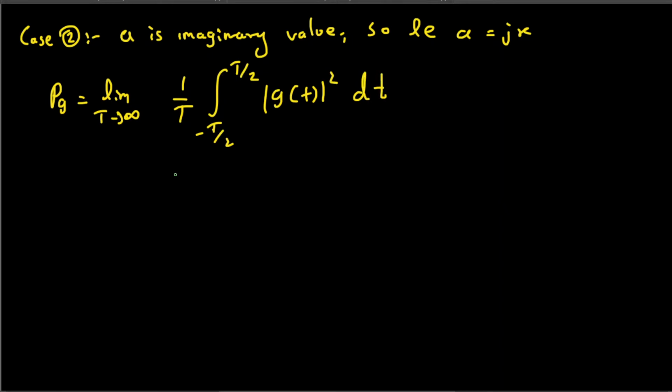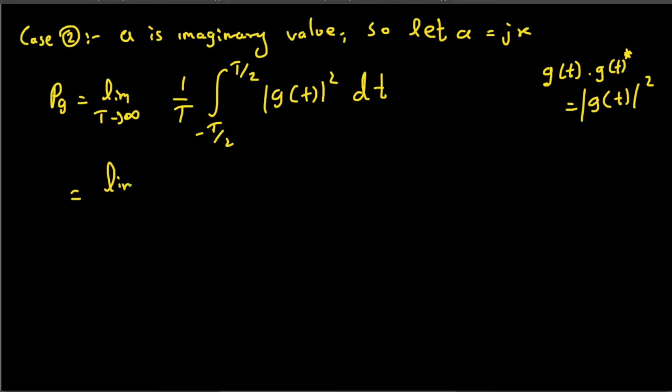But when we are dealing with imaginary functions, we know one thing, that if we multiply g of t with its conjugate, g of t conjugate, that is equivalent to g of t absolute value square. That is what we are going to use here.